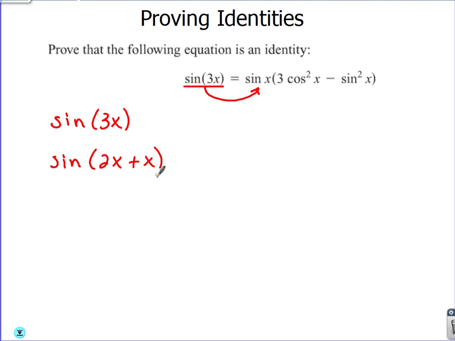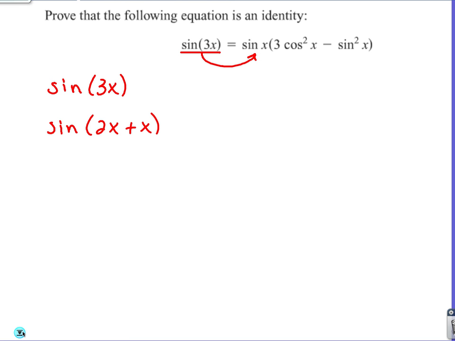I know from my sum and difference identities, when you've got the sine of two things being added, I'll come over here and write the formula. The sine of alpha plus beta is equal to sine alpha cosine beta plus cosine alpha sine beta.